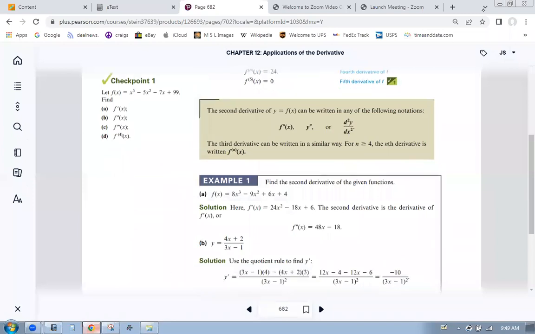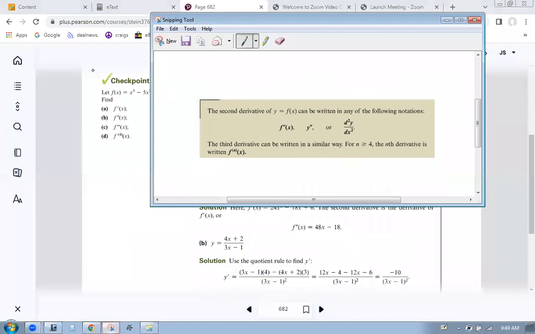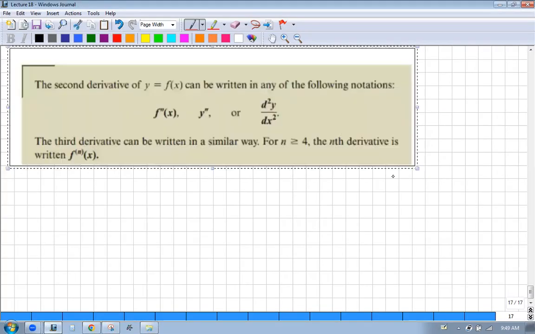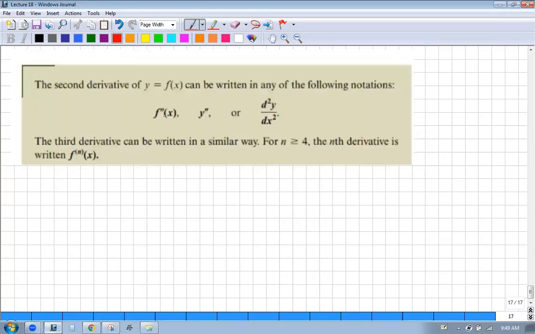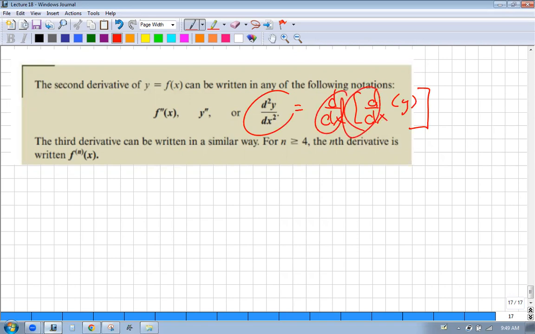So for the second derivative, we just use a double prime here, or this. This is really the derivative with respect to x of the derivative with respect to x of y. You're applying this operator twice, and they write it like this.